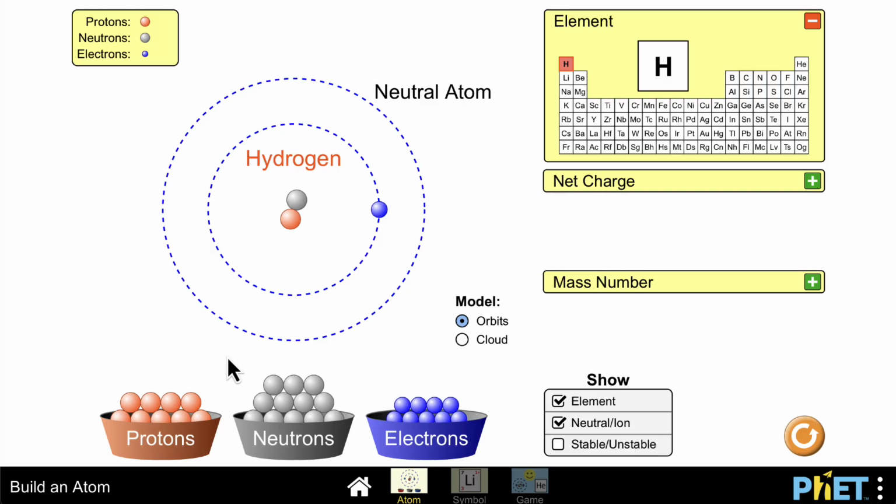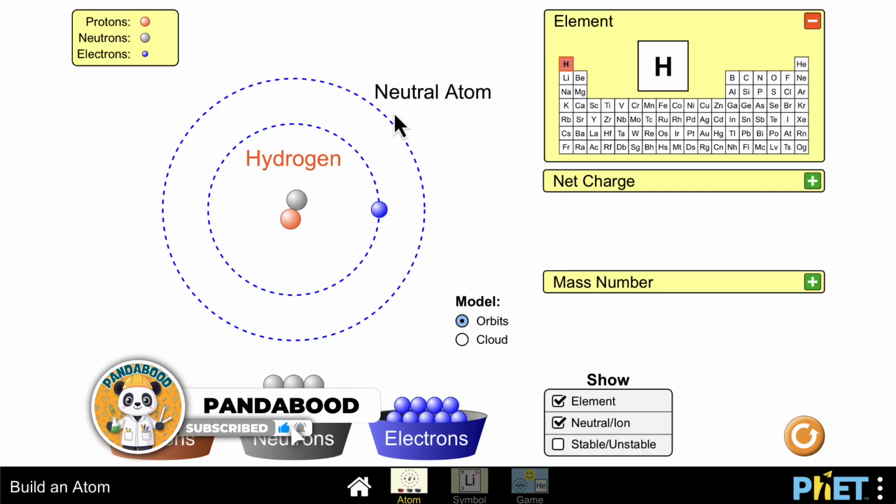Because remember I told you the charges of protons are positive and the charges of electrons are negative. So you have one positively charged particle, which is the proton, and one negatively charged particle, which is the electron. So +1 and -1, they cancel each other, and that's 0. So the charge of the whole atom all together is 0.